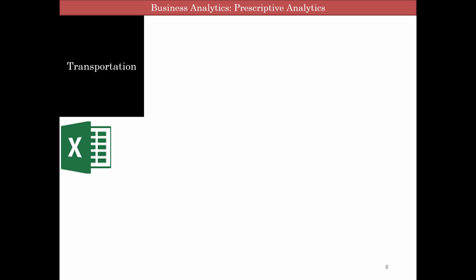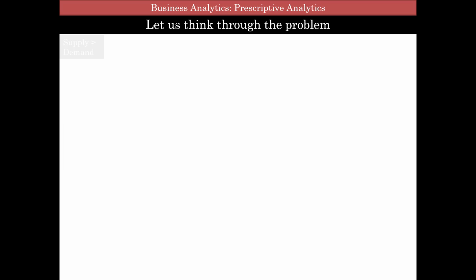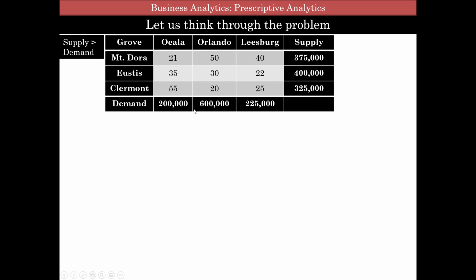So we walked through Excel, and I'm going to show you the model when supply is greater than demand. Take an example here. We have demand is 1 million 25, and here this is about a million 100,000, right?